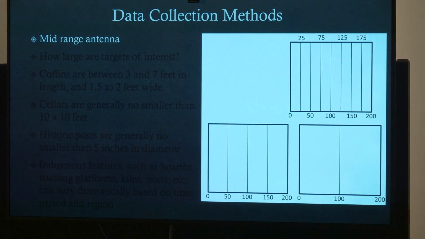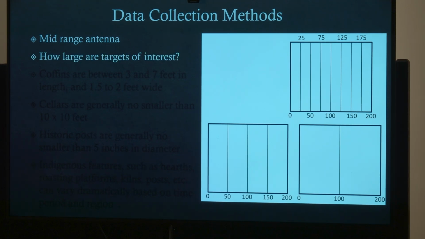And so, as a radar specialist, the first question that we ask when we get onto a site is, what are we trying to find here? If I'm trying to find a house, a giant 25 feet by 30 feet foundation, I don't have to space it very tightly. I can even do wildcat surveys and go back and forth until I find it. That's not a great way to do it, but I could do it that way.